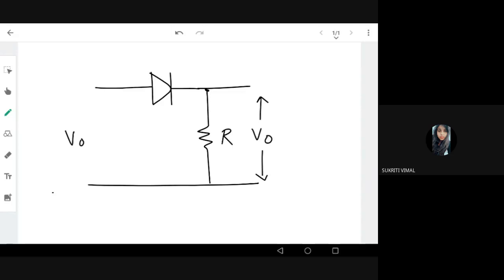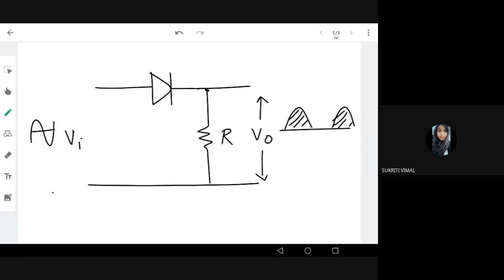If a sine wave is input, we have seen the output. Here the diode is forward biased for the positive half, so I get a positive waveform and the negative waveform is clipped. This is also seen if I reverse the diode.